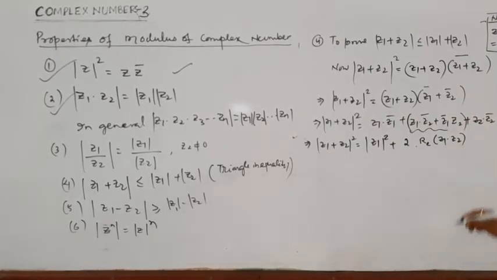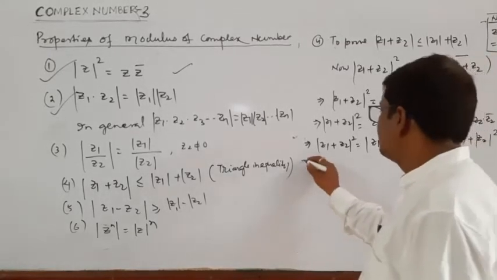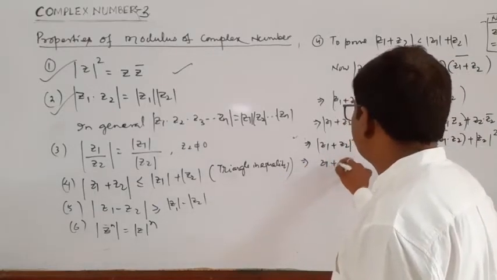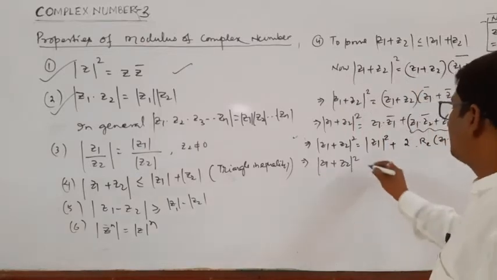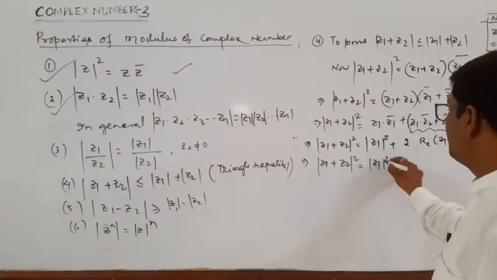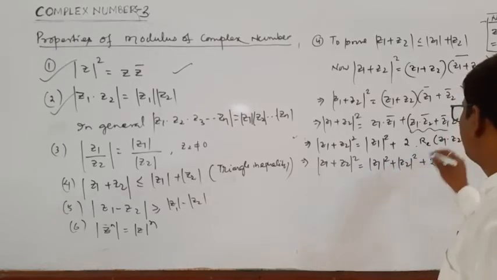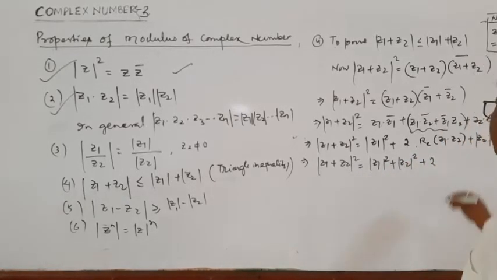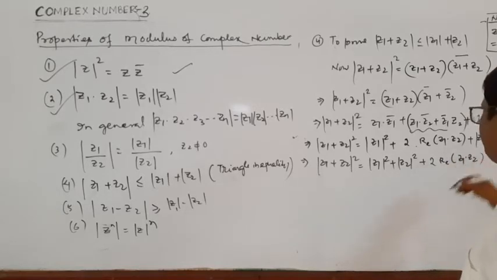So mod z1 plus z2 square is equal to mod z1 square plus mod z2 square plus 2 into real part of z1 z2 conjugate.